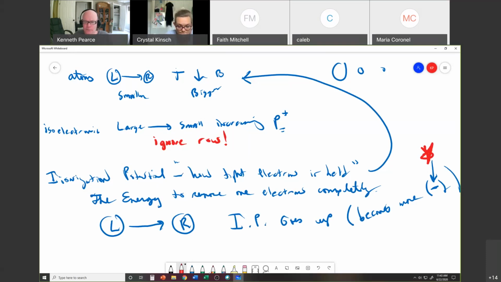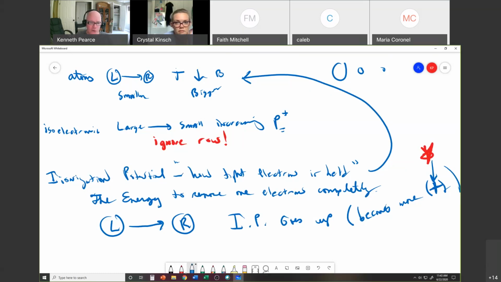Okay. Hold on. Change that to positive. It's always positive. That's my mistake. All right. Always positive. Because you got to put energy in. All right. So ionizations are always what they call endothermic. They take energy to do. All right. And so as you go left to right, the IP goes up.